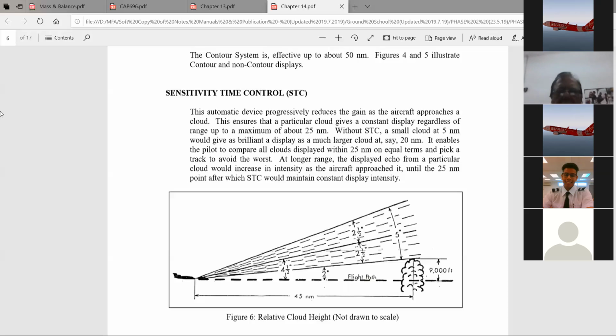Converted into feet, that becomes 9,000 feet. The height of the cloud is 9,000 feet above you. Actual tilt into range divided by 60.